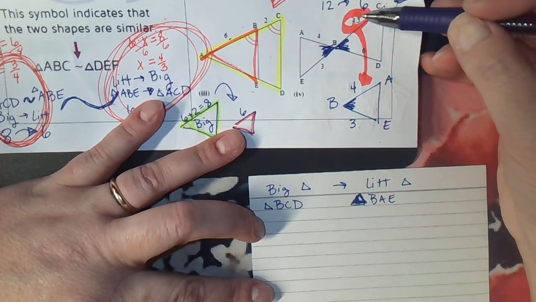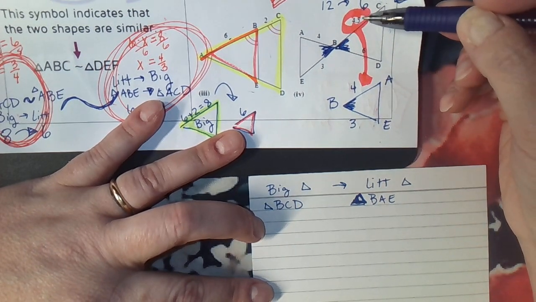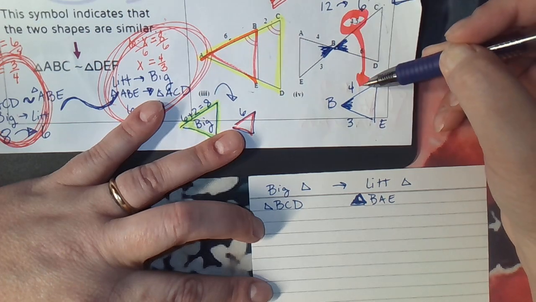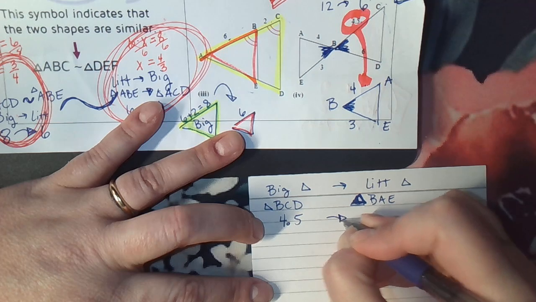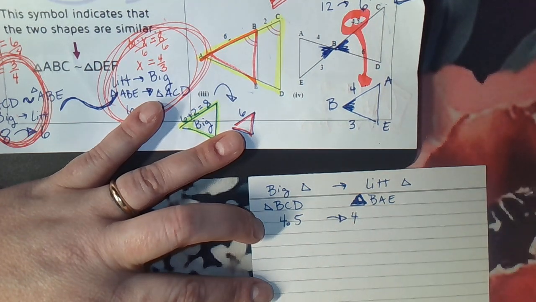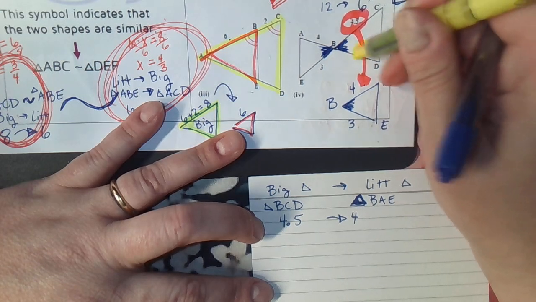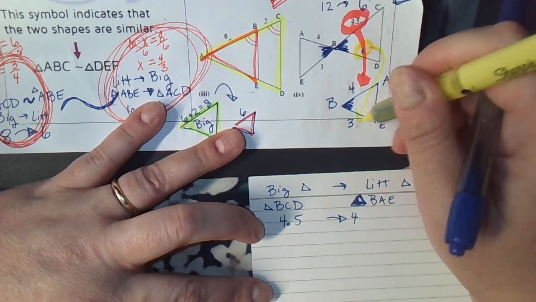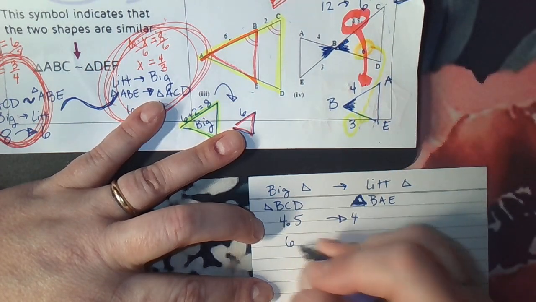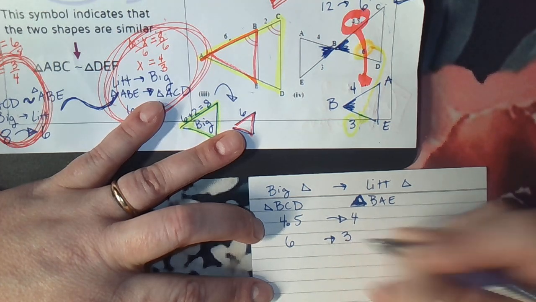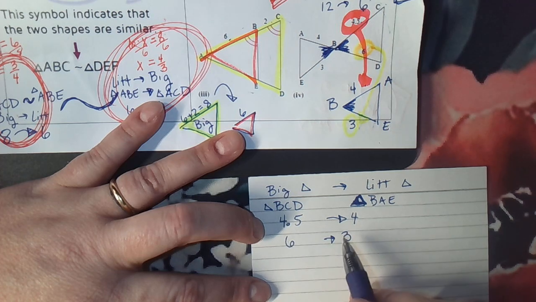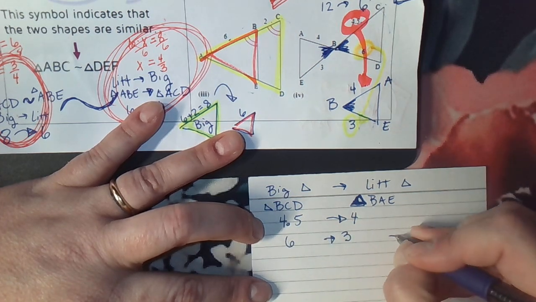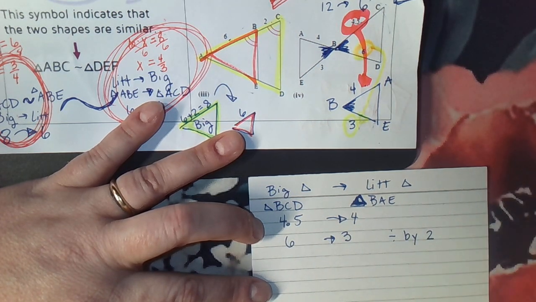Okay, let's see. We're trying to figure out when I go from 4.5 to 4, what happens? And when I go from 6, the bottom piece of the triangle, to 3, what happens? Well, I think you can tell. When we go from 6 to 3, we divide by 2. Am I right? Yeah.